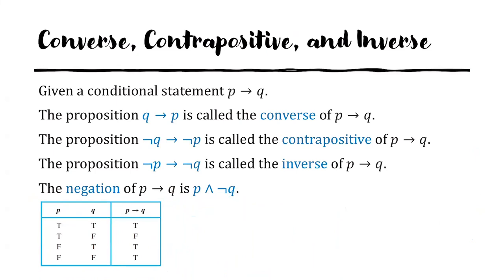Okay, so we know to negate a statement, we want to have the truth value that's opposite of this statement. So to negate P implies Q, we will have a truth table of false, true, false, false.